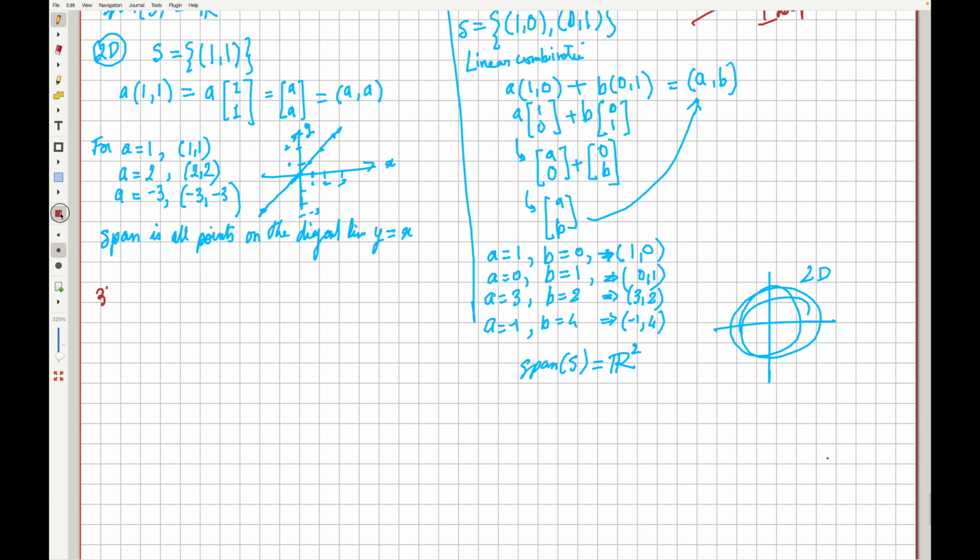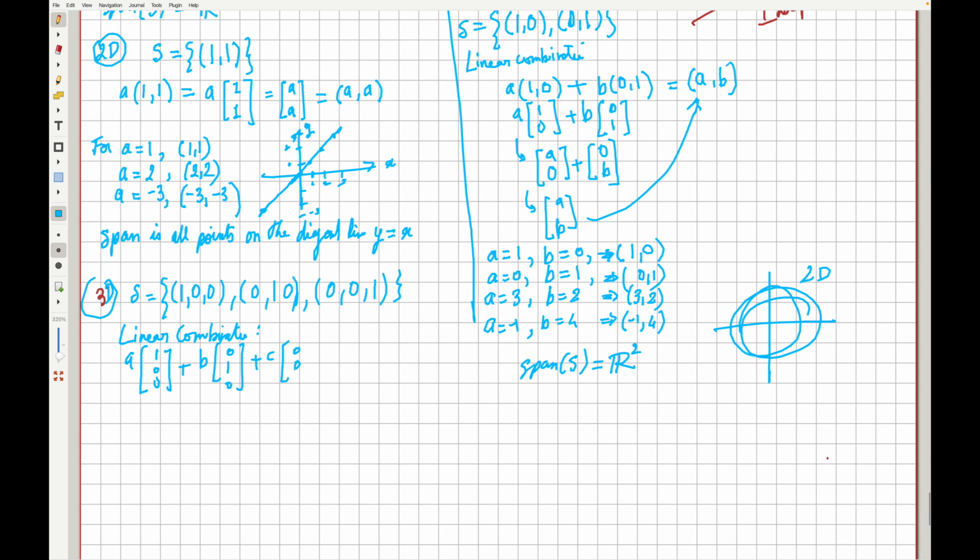So let's say we have these vectors, S is equal to 1 0 0, 0 1 0, 0 0 1, then we can create a linear combination, and this would be a times 1 0 0 plus b times 0 1 0 plus c times 0 0 1.